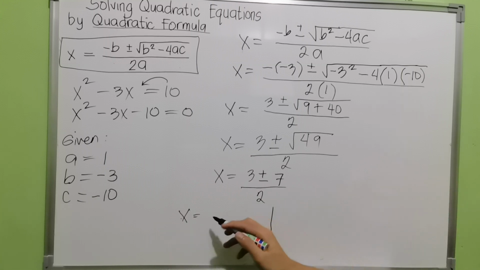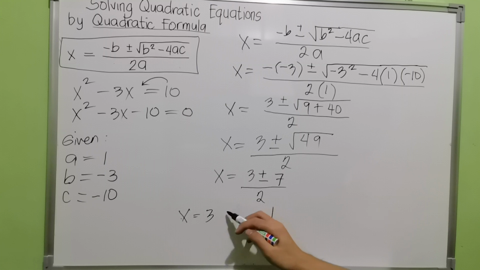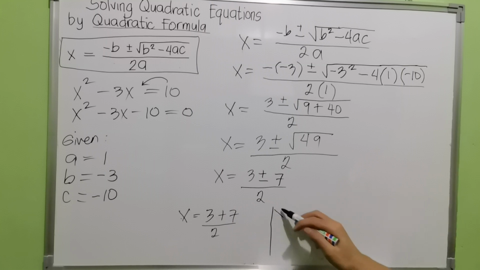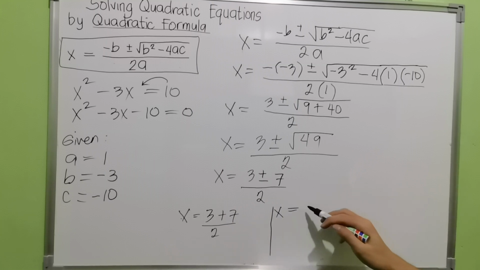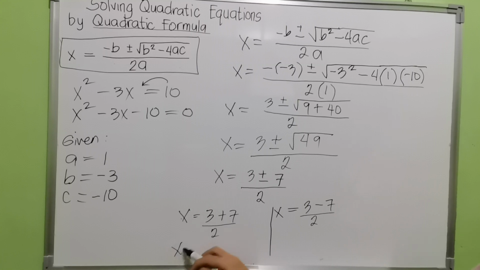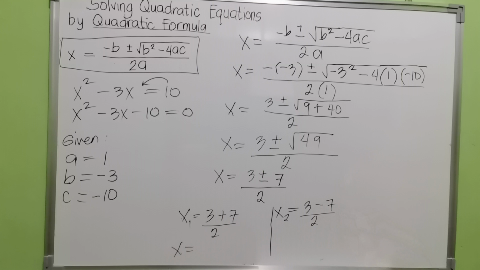So x equals 3 plus 7 divided by 2, and on the other side we use the negative 7: 3 minus 7 divided by 2. This is the x sub 1, and this is the x sub 2.